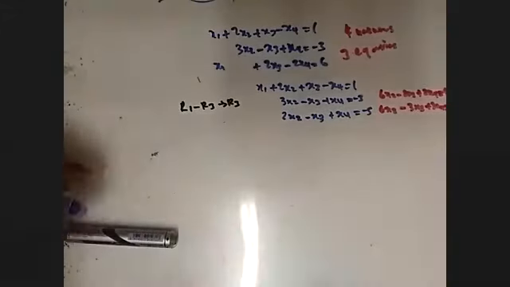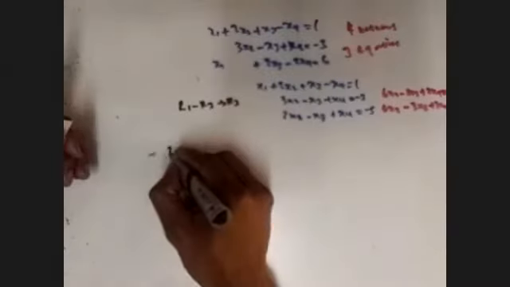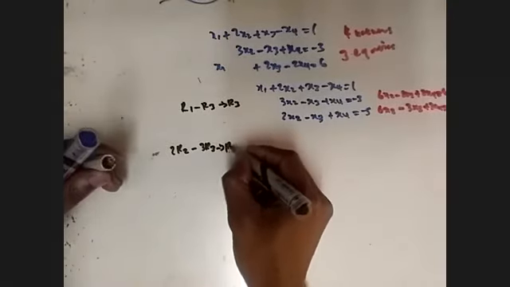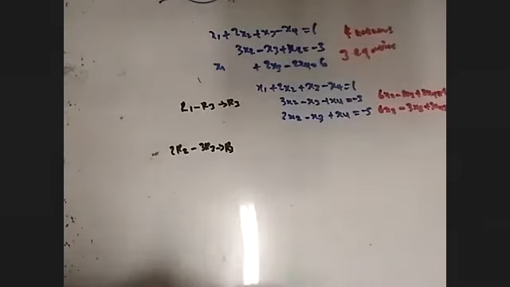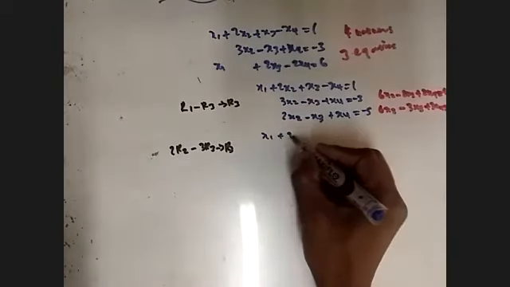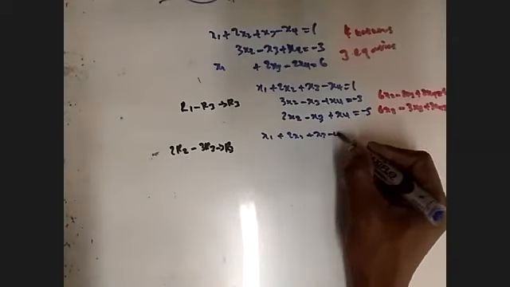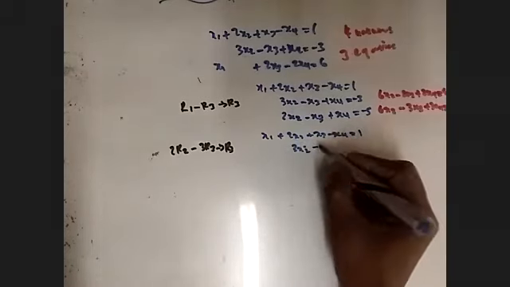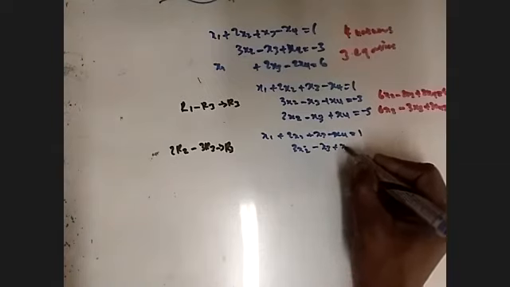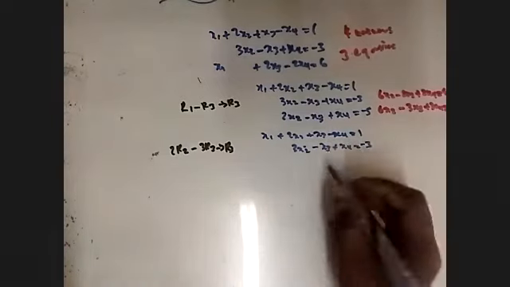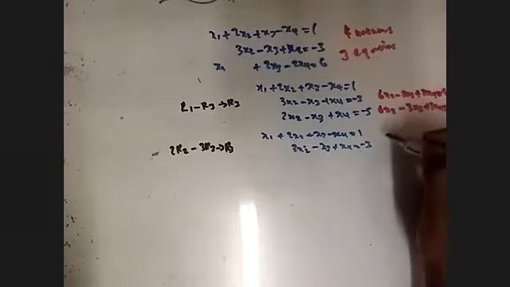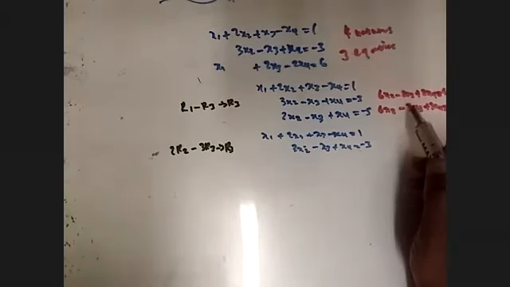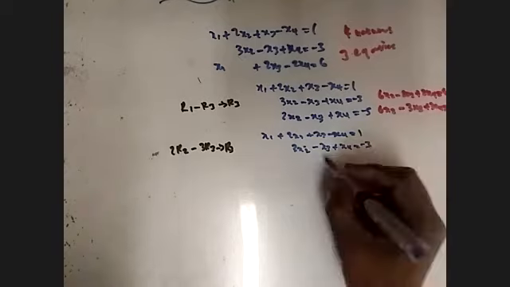Okay, so I said it must be 2 times R2 minus 3 times R3. This will give me R3. So what I'm going to have is x1 plus 2x2 plus x3 minus x4 is equal to 1. This is not affected as well. x2 goes out, because I'm trying to change R3. Now let us look at this one. The 6x2 goes out, so we're going to have negative 2x3 minus 3x3, so it becomes x3.